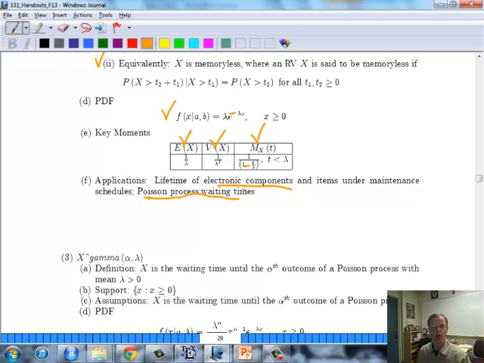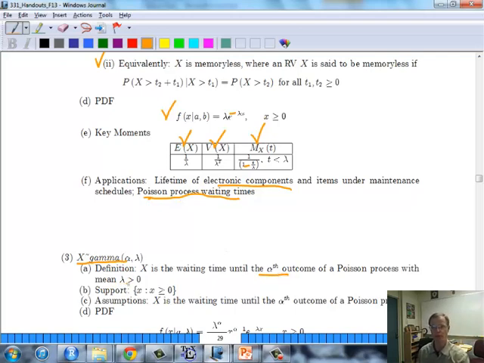Moving into the third random variable, we have what's known as the gamma random variable. Now, the gamma, you can think of it as a generalization of the exponential. So, if x is the waiting time until the next outcome of the Poisson process occurs, the gamma is the waiting time until the alpha-th outcome of the Poisson process, okay?